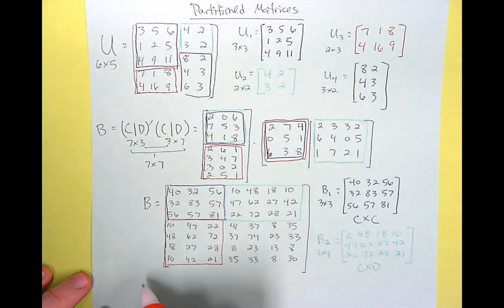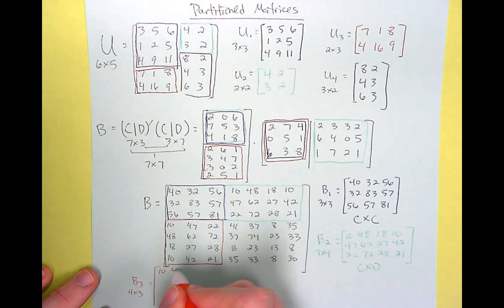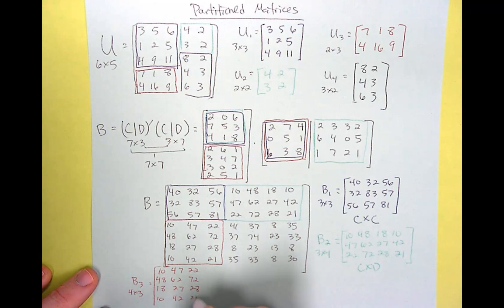So we can call that one B3, the 4 by 3 matrix: 10, 47, 22, 48, 62, 72, 18, 27, 28, 10, 42, and 21.